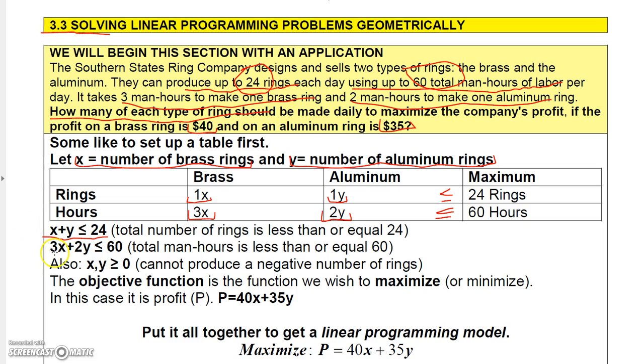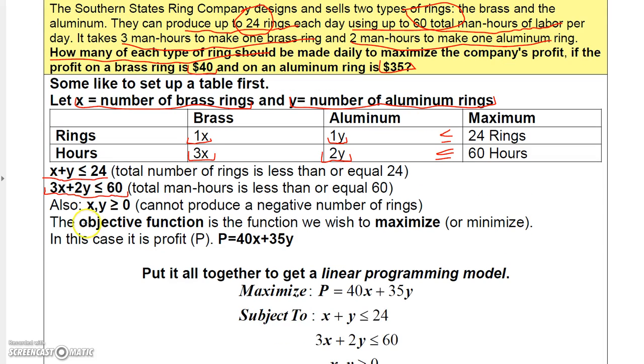And so that means the total man-hours to make brass and aluminum rings together would be 3x plus 2y, and that has to be less than or equal to 60. And then, of course, you can't make a negative number of rings, so both x and y have to be greater than or equal to 0.